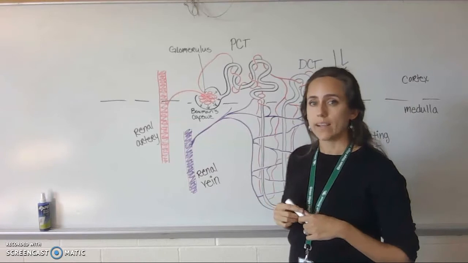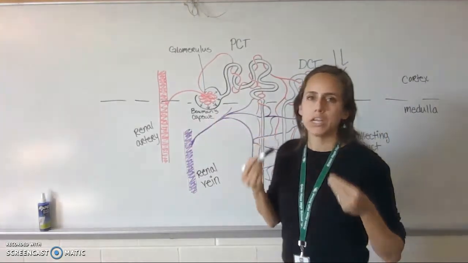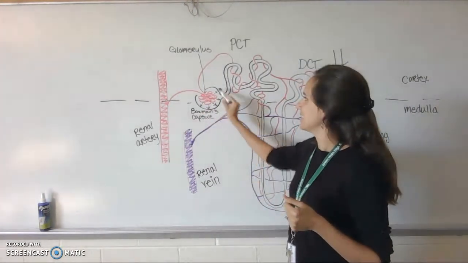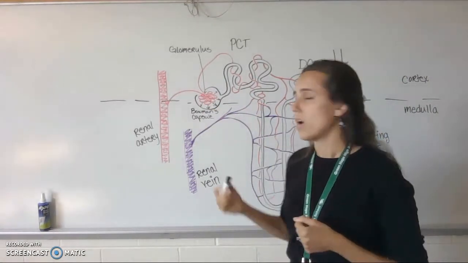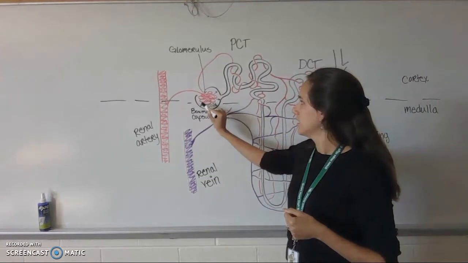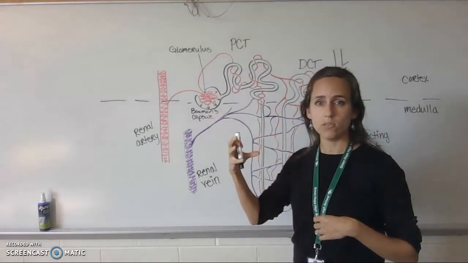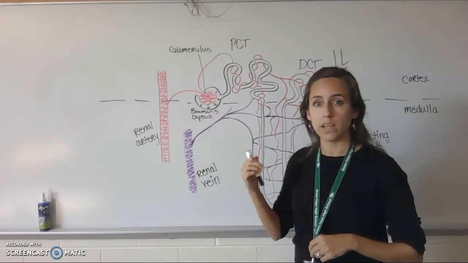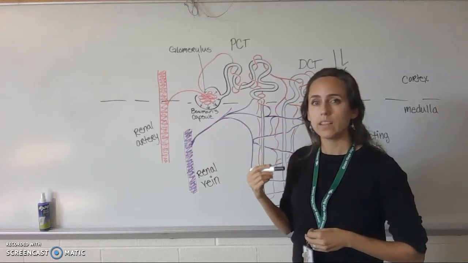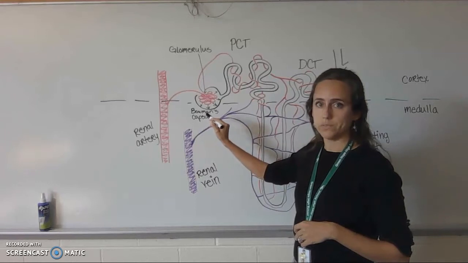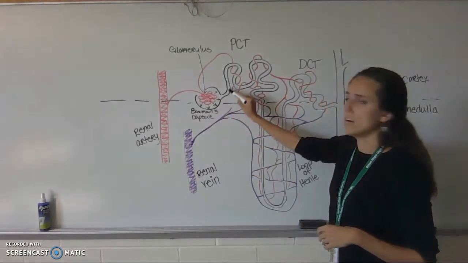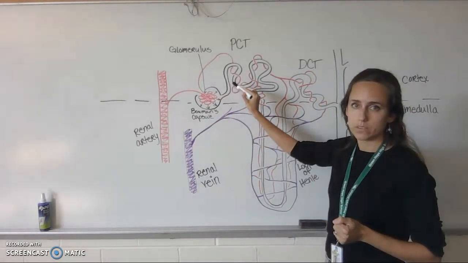Now, surrounding that glomerulus is this little capsule right here called the Bowman's capsule. So all of this filtrate that gets filtered out of the blood by the glomerulus gets taken up by the Bowman's capsule and then passed on to the tubules.